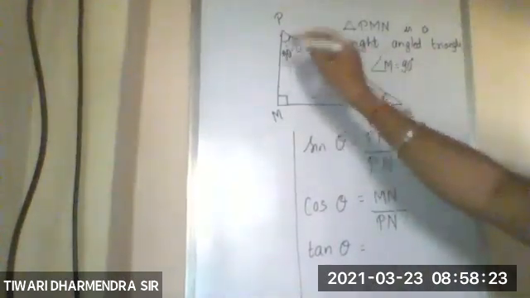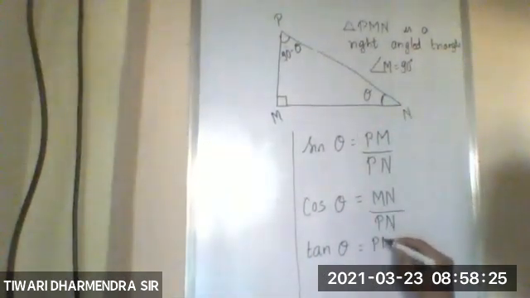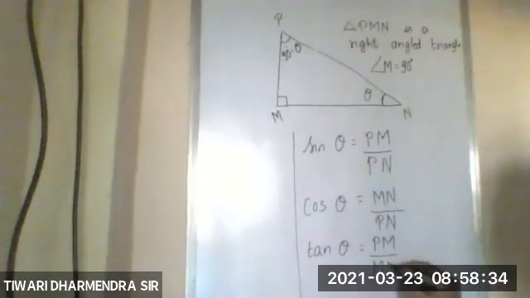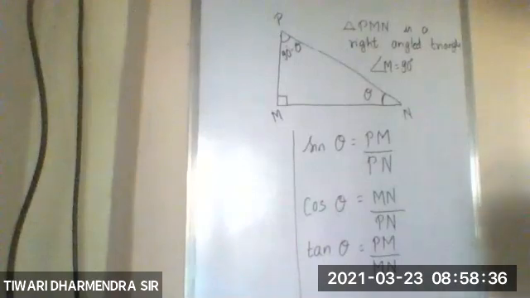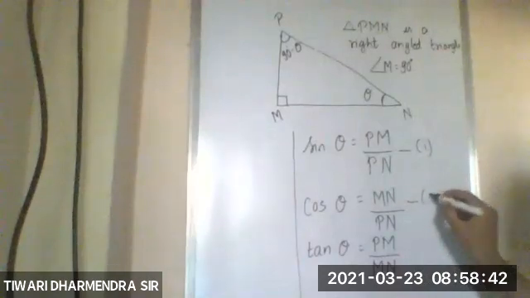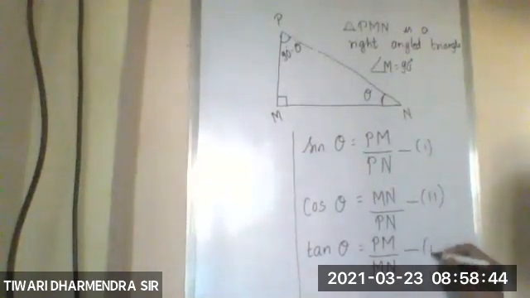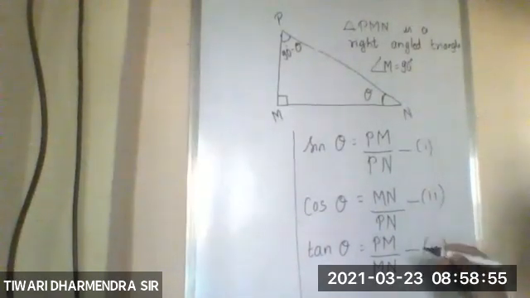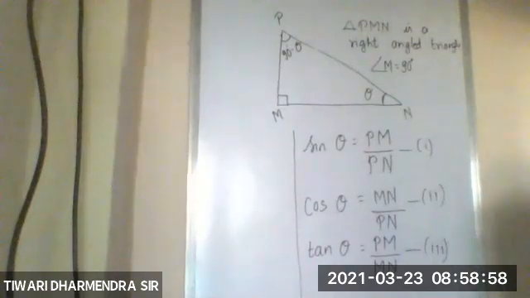So the opposite side to theta is PM divided by the adjacent to theta, MN. Okay. So say this is equation 1, this is equation 2, and this is equation 3. Now, as we have found the trigonometric functions for theta, we will find the same ratios for 90 minus theta, and we will try to find out the relation. Let's see.